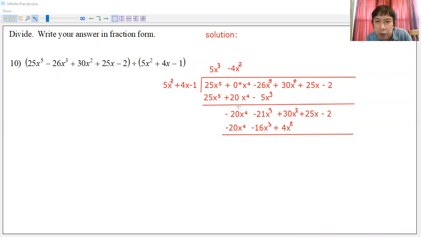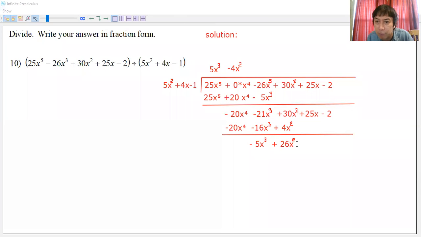That will be 0 for this column, and then this gives us a negative 5x cubed. The next one is a positive 26x squared. Let me put the exponents first. This is 3, and this is 2. And then we bring down the 25x minus 2.